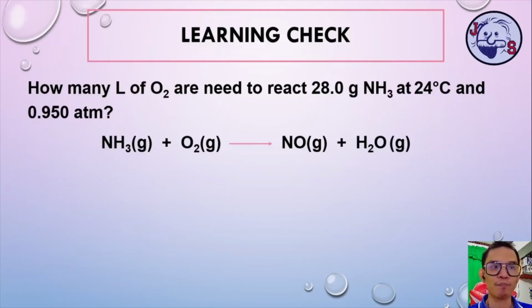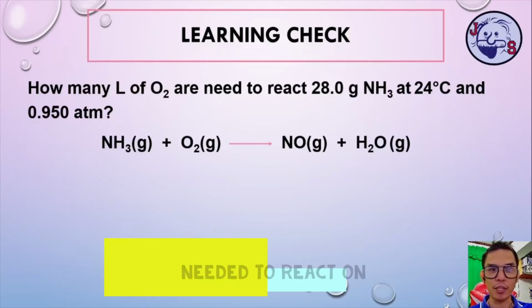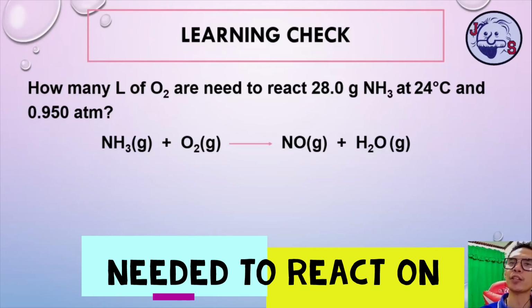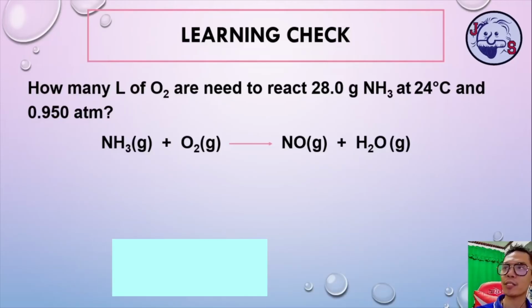So let's have this one first. How many liters of oxygen are needed to react with 28 grams of ammonia at 24 degrees Celsius and 0.950 atmosphere?